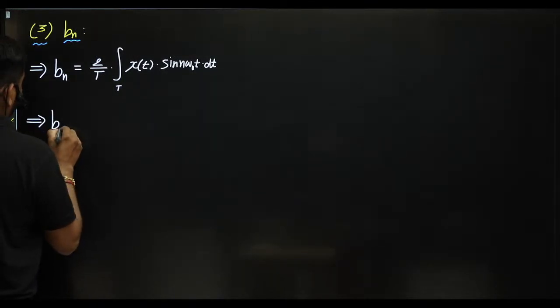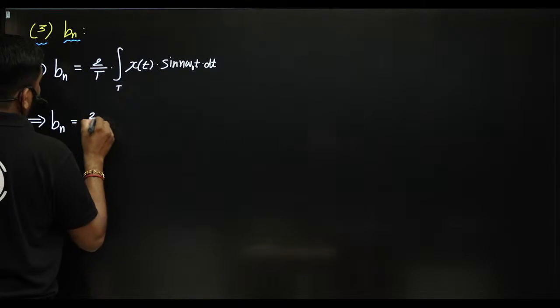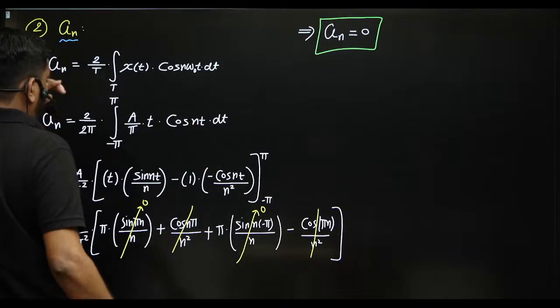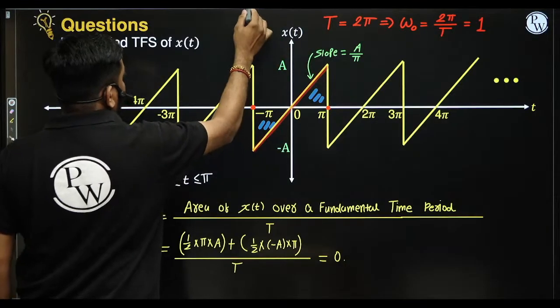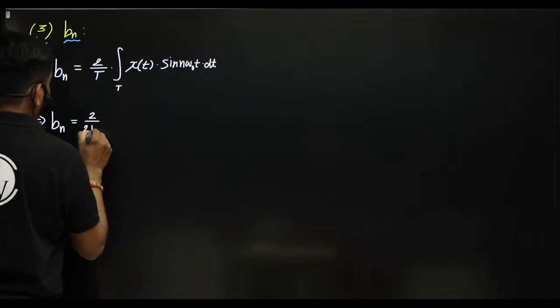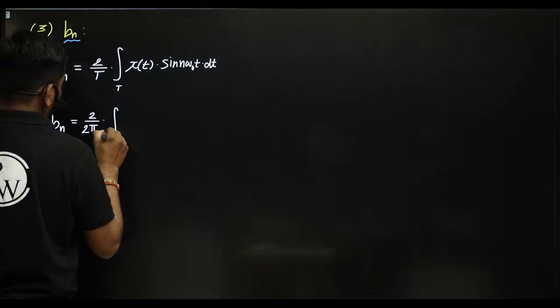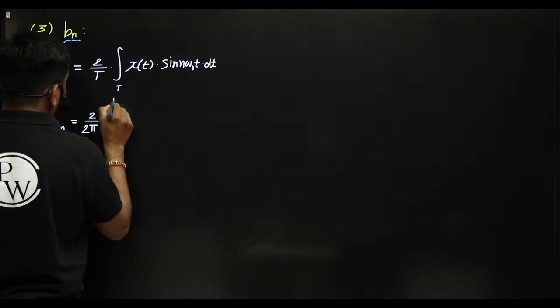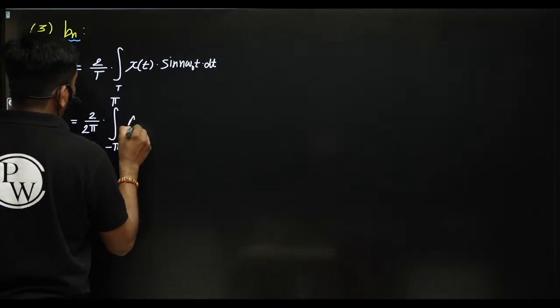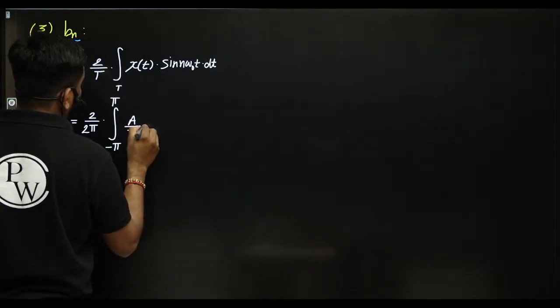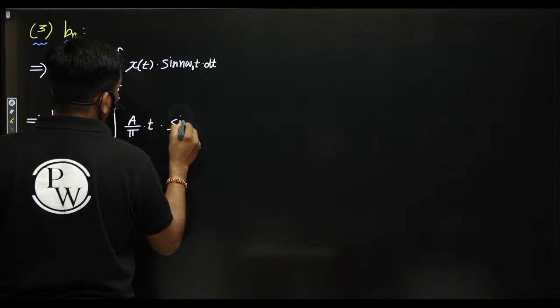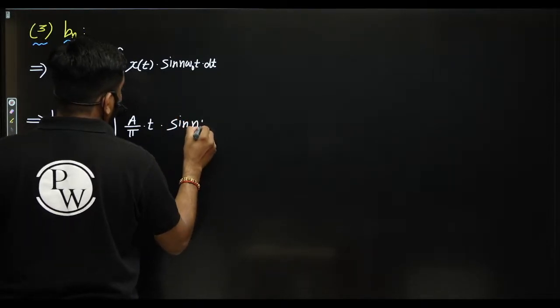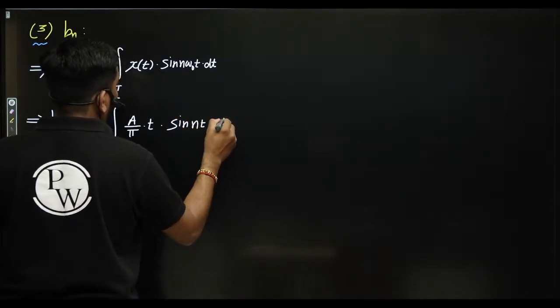So bn is equal to 2 divided by what is the fundamental time period? 2 pi. Again fundamental time period is 2 pi, omega 0 is 1, guys. So here 2 divided by 2 pi, integration from minus pi to pi, a by pi t, that is x of t, correct, into sine of omega 0 equal to 1, fundamental frequency 1, so it is sine nt dt, correct.